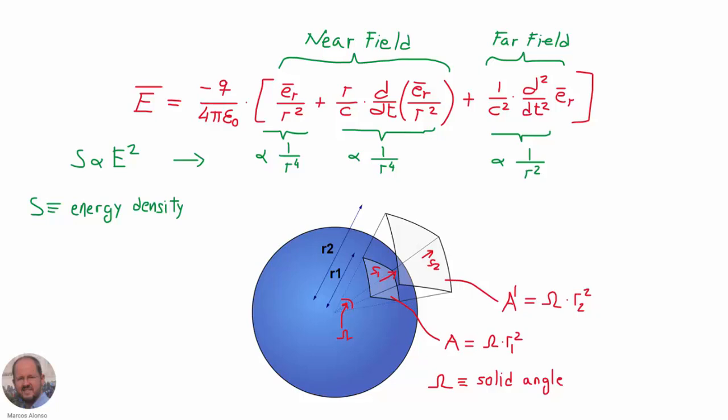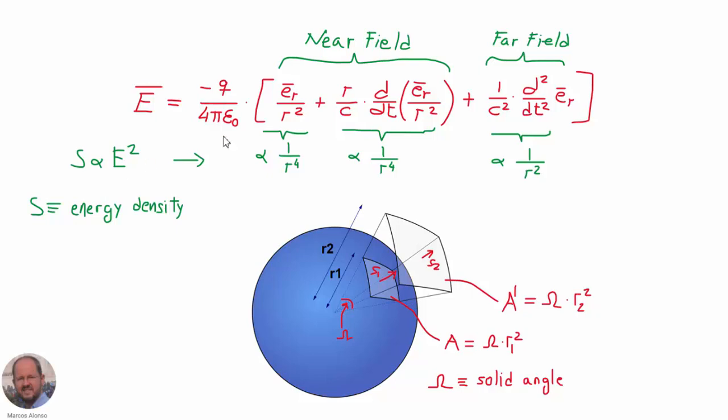For this, we are going to evaluate qualitatively the energy density that is going to be produced by each of these terms. As we know, in electromagnetic fields, we can say that the energy density S is going to be proportional to the electric field squared.